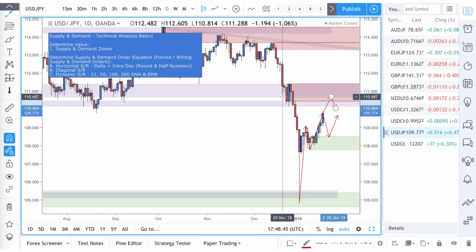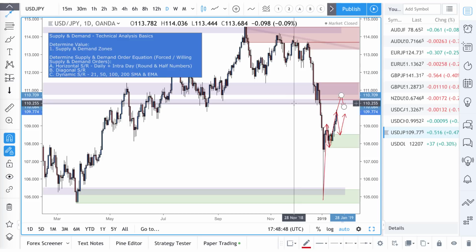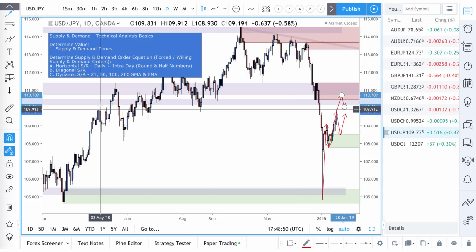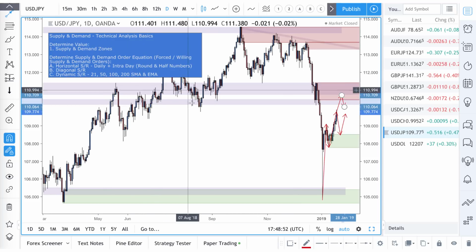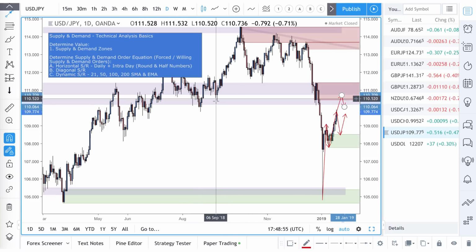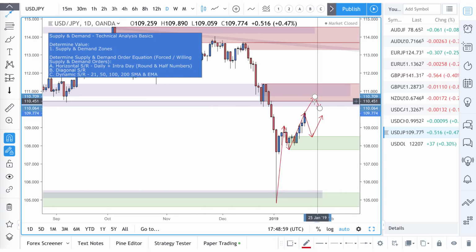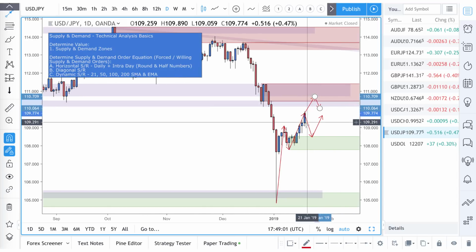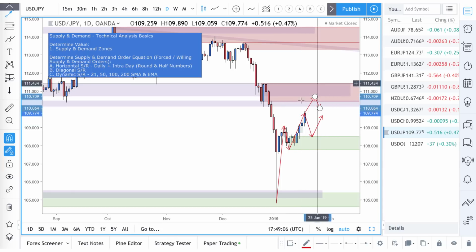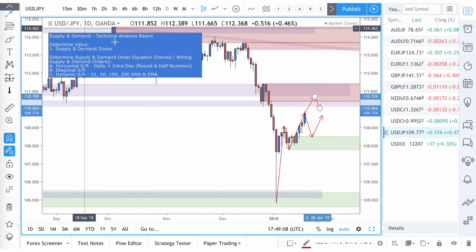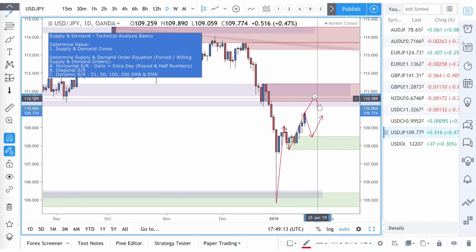So if we just zoom out a little bit, we can see that there is horizontal support and resistance. You've got support, support, support there, a bit of support here. So the underside of this supply zone is where you're probably going to get traders who, from a value perspective, think that the Japanese yen is a bargain area here and the dollar is expensive, and they're going to be shorting here.